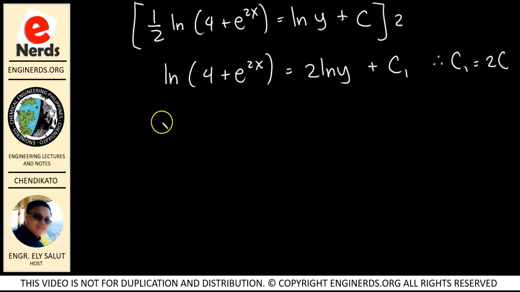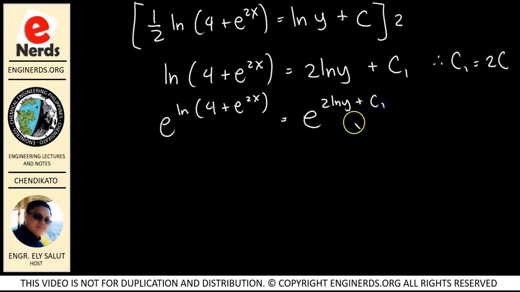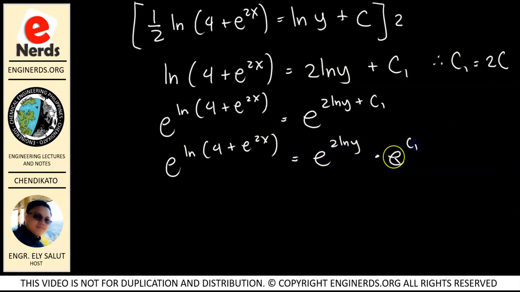Alright, so another property of logarithm, we have e to the ln 4 plus e to the 2x is equal to e to ln y plus c1. Okay, so property again ng logarithm, e to the ln 4 plus e to the 2x is equal to e to ln y times e to the c1.